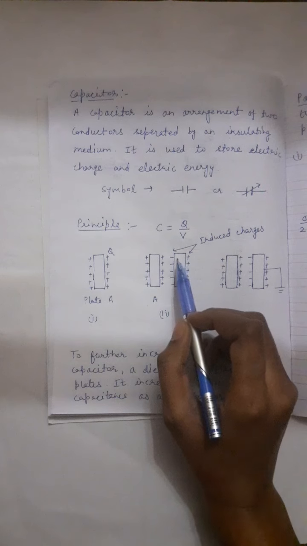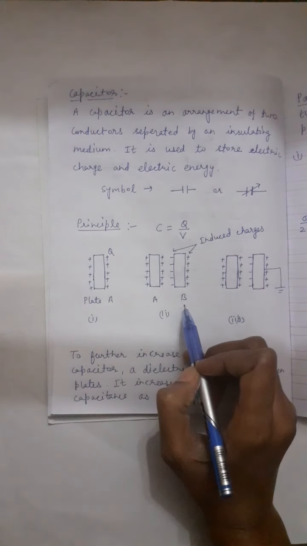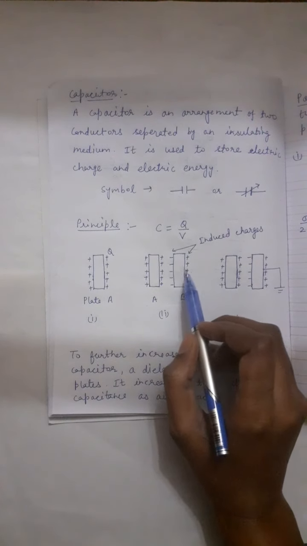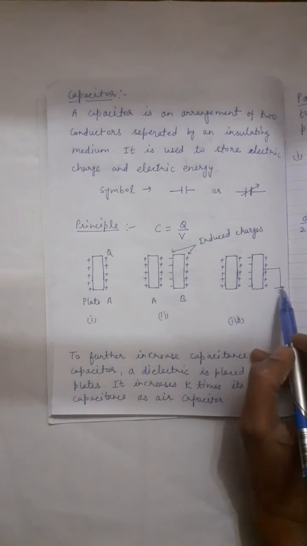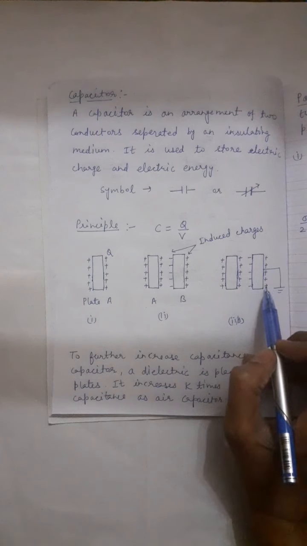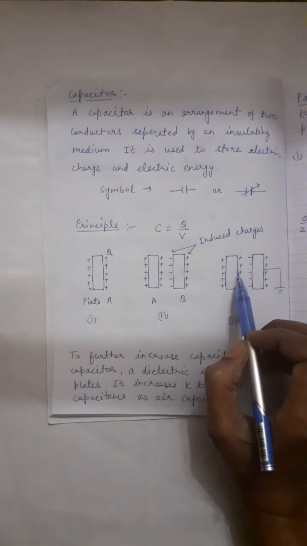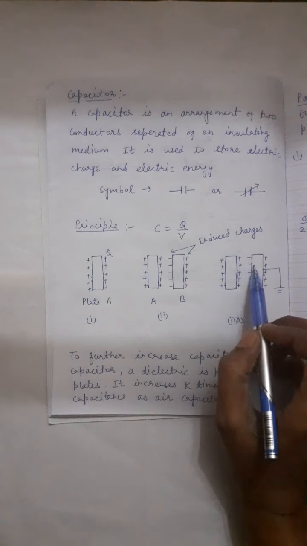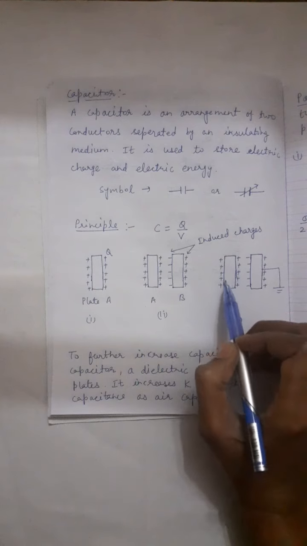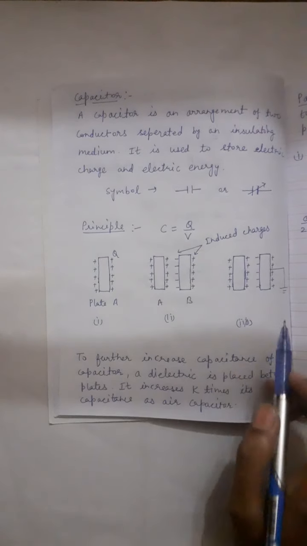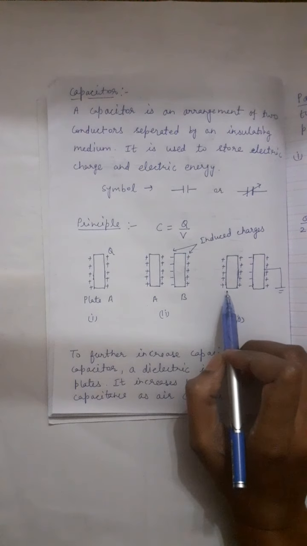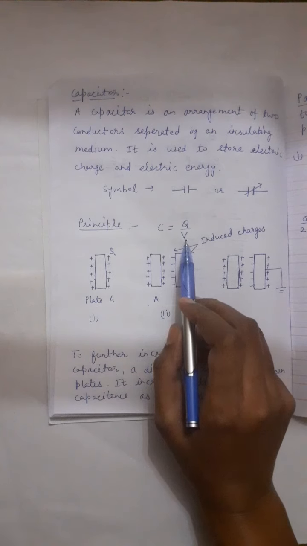They are the induced charges in the plate B. Now this positive charge will be given to earth, and by this earthing method this charge will go to earth, and due to these negative induced charges the potential of the plate A will be decreased. So in this method we have increased the capacitance of the plate A by reducing its potential.